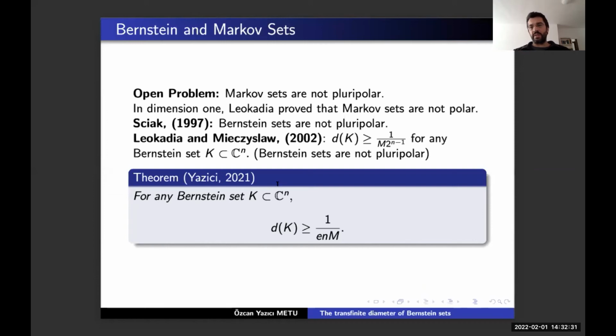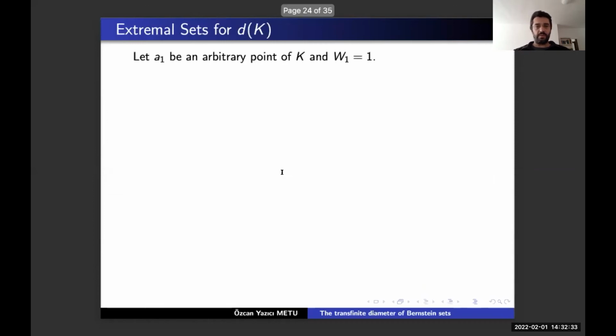Let me go over the proof, just a sketch. Before the proof, let me first give this extremal set, how we construct these points for the transfinite diameter. We take an arbitrary point, a1, in the compact set. Let's say W1 is 1.